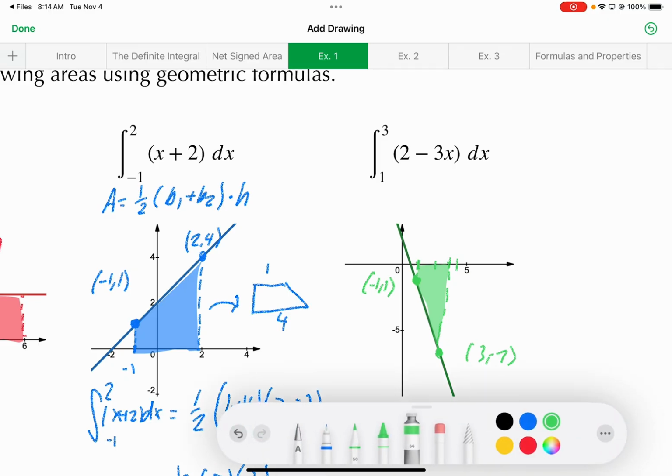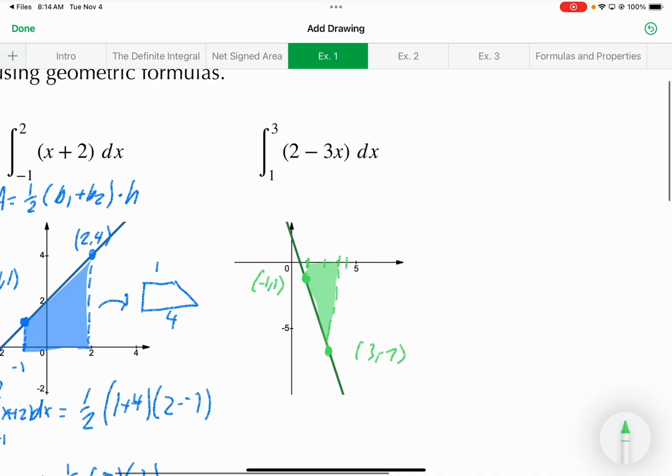Okay. What can you tell me about that area? Definite trapezoid. What else can you tell me about it? Let's find out. What's the length of my base 1? So if I take this and I rotate it, we can think about it like this.